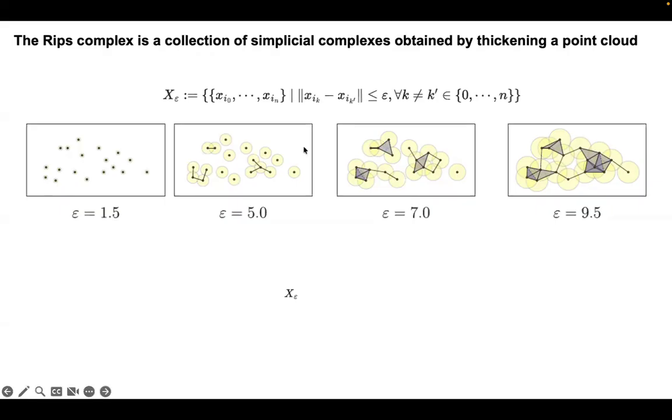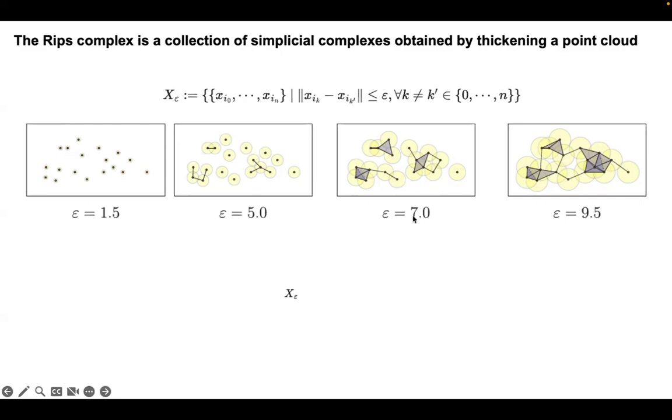For example, when epsilon equals 5, one-dimensional objects appear. When epsilon equals 7, two-dimensional or three-dimensional objects appear. This means there is a possibility that two-dimensional or three-dimensional homology survives.